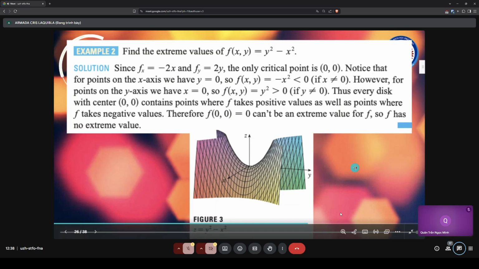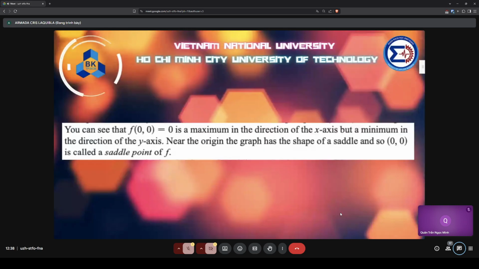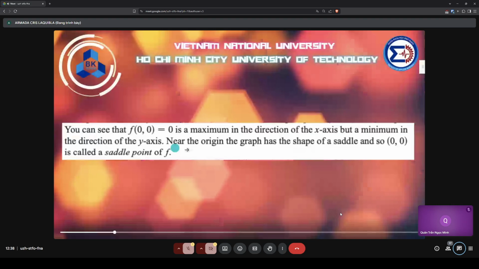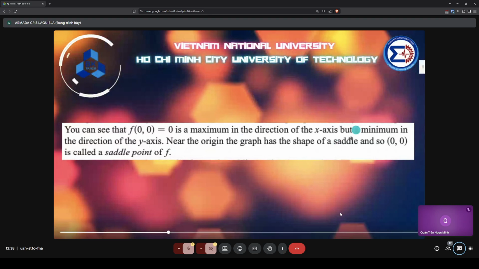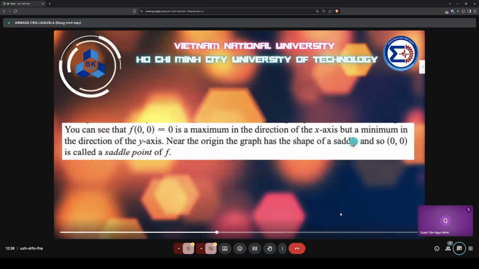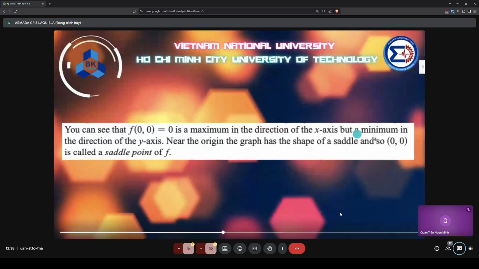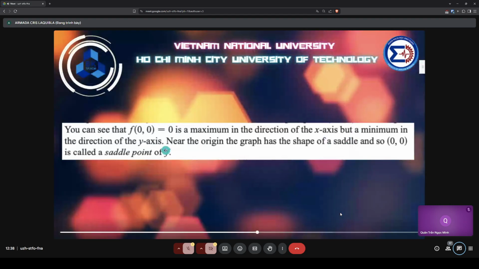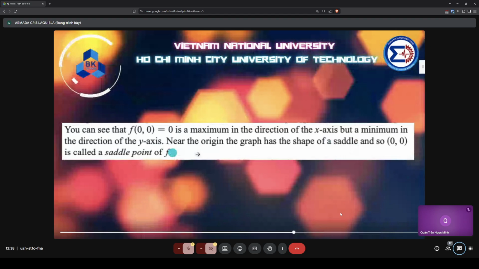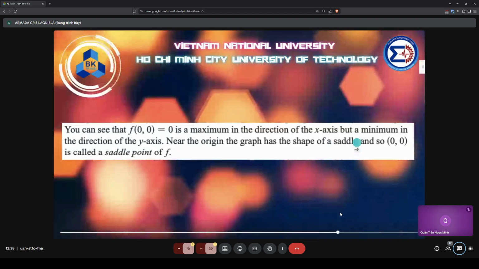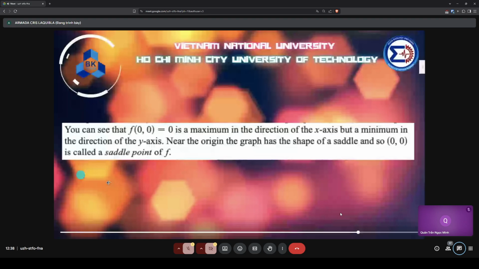You can see that f of 0, 0 equal to 0 is the maximum in the direction of the x-axis, but a minimum in the direction of the y-axis. Therefore, near the origin the graph has the shape of a saddle, and so 0, 0 is called a saddle point of f.